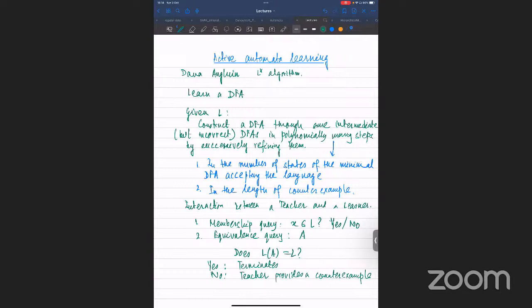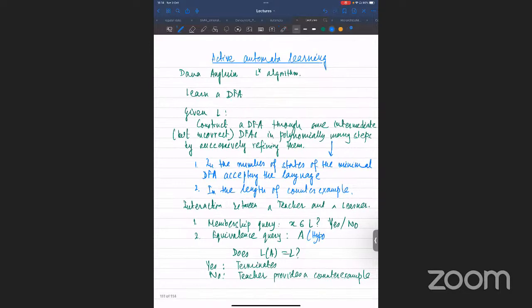So what is A again? A is a hypothesis automaton. We were saying that we construct this DFA through some intermediate but incorrect DFAs. This hypothesis automaton can be such an intermediate DFA, and you are successively going to refine it.